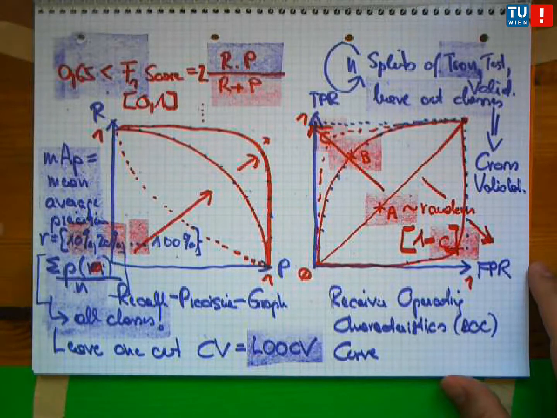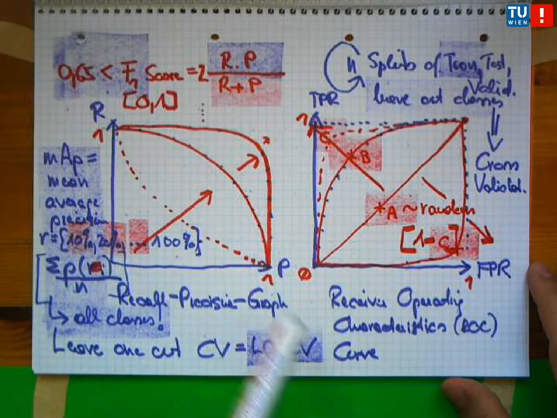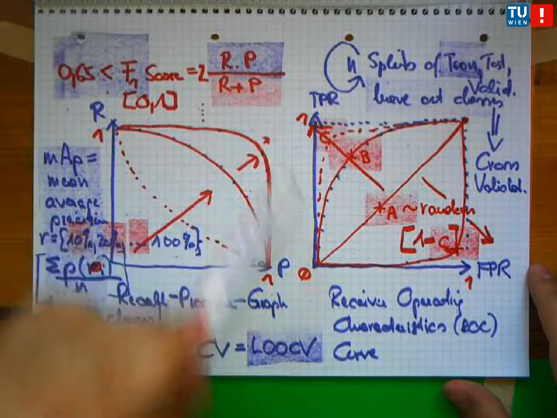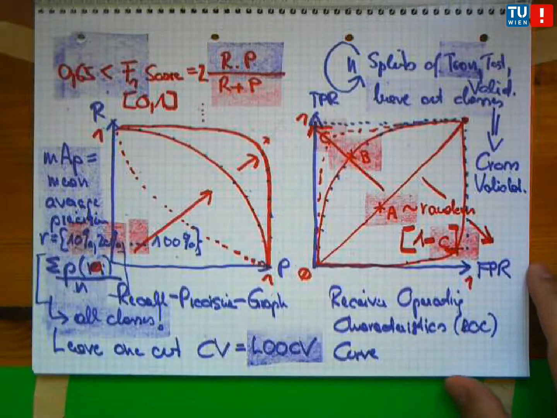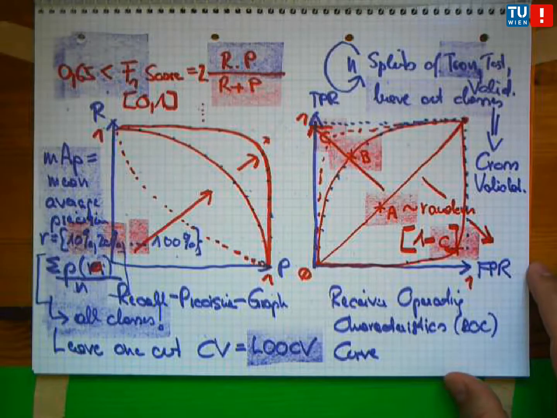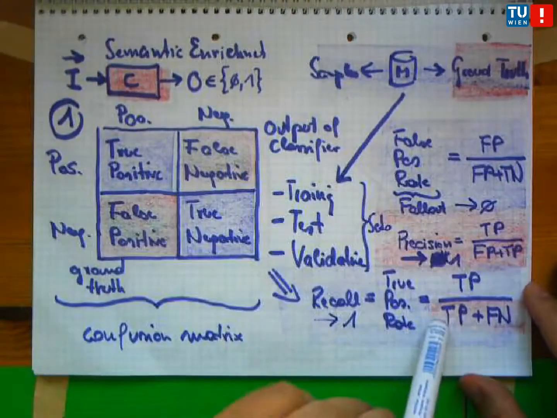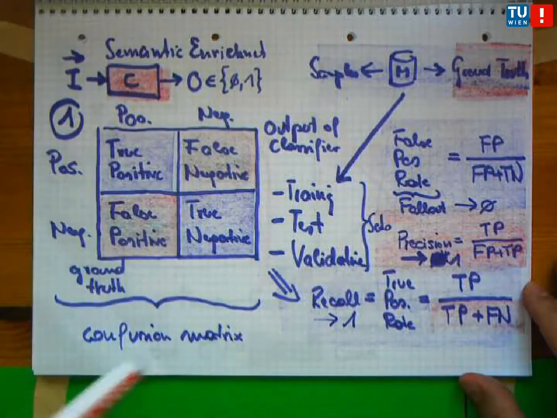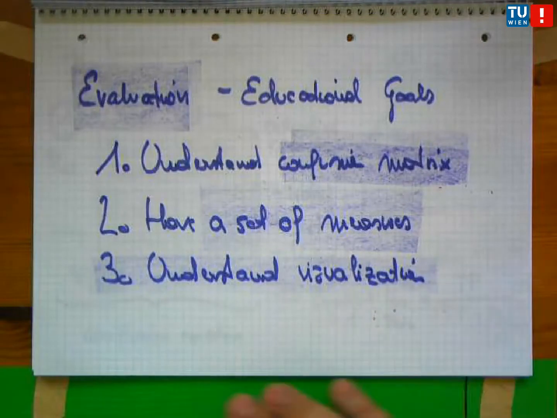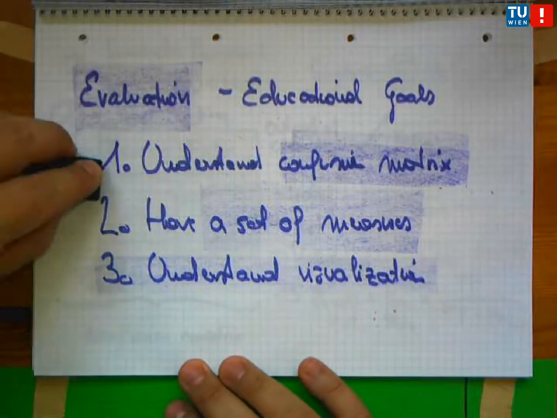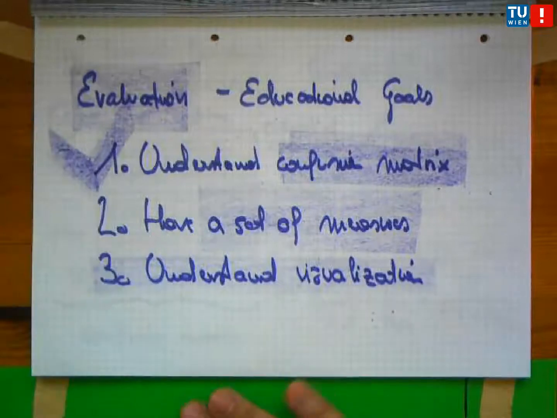Okay, so this is mean average precision, cross-validation, in particular leave one out, recall and precision graph, good if it's there. Receiver operating characteristics, good if it's there or there. Both of them can be automatically computed in a Jupyter notebook with a proper Python library. Both of them based on indicators that are themselves based on the confusion matrix. So, at the end of this very brief lecture on evaluation, I hope you understood what the confusion matrix is. It is about the binary case of relevant or not relevant for a single category.